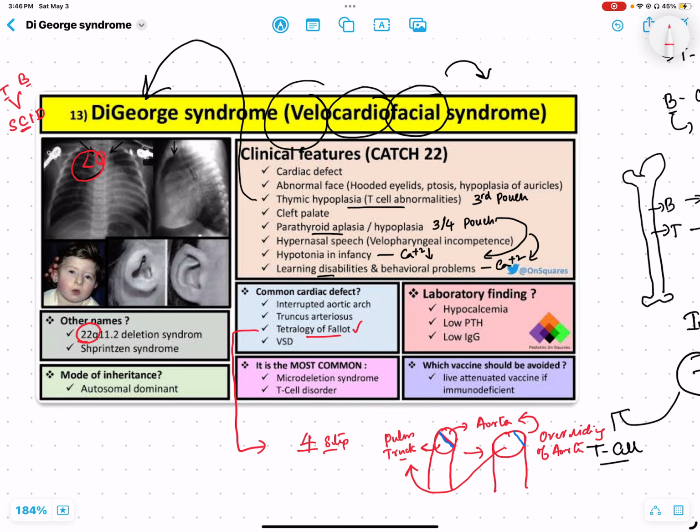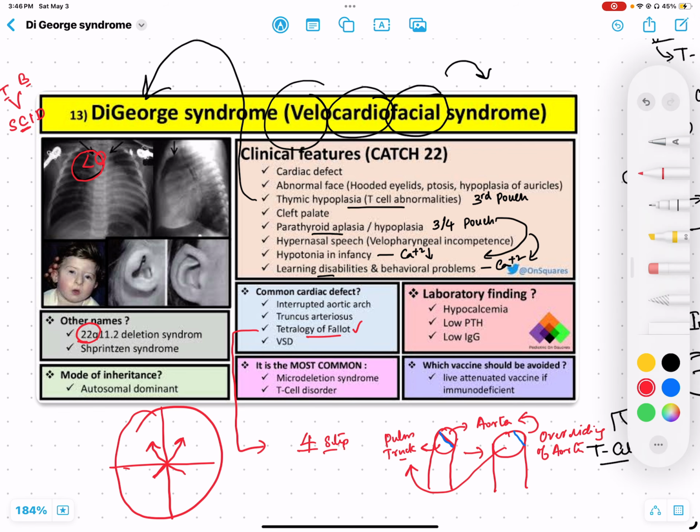And if you can understand, in the heart the pulmonary artery comes from here and the aorta comes from here. Okay, so this is the opposite side which I have told.